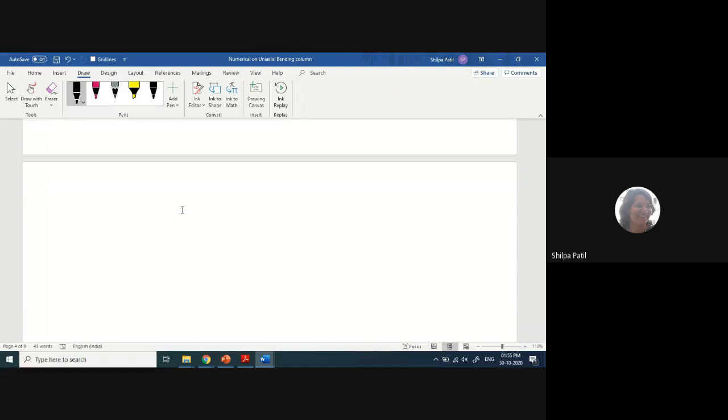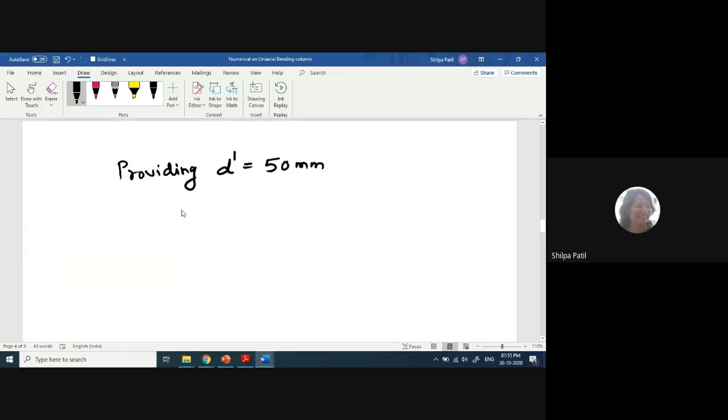We will provide d dash, that is effective cover, as say 50 mm. Minimum is 40 as per the code. So I'm providing 50 mm as the effective cover. D dash is 50 and D is 400. So what is the value? 0.125.